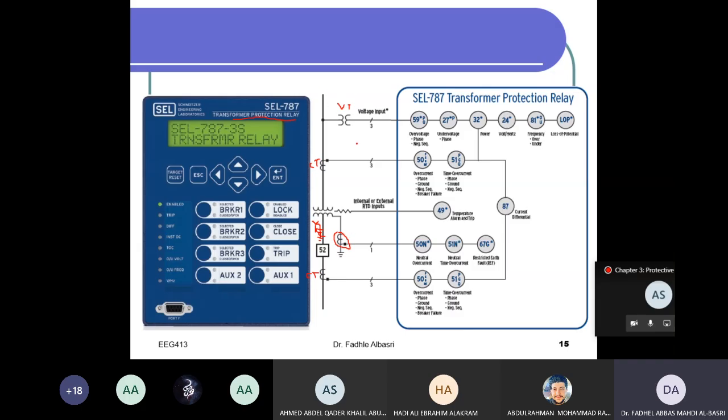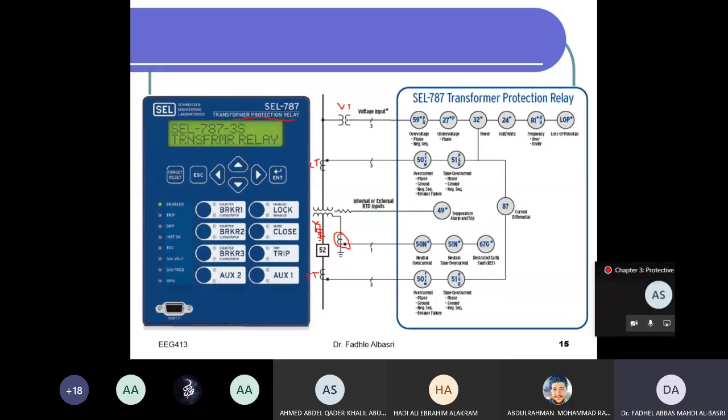So it depends on the capacity or the size of the transformer, and the protection functions you want to implement. The more protection functions you add, the more CTs and VTs you need installed. That makes the cost higher. But the cost is justified for very expensive transformers, for large transformers. So I would say no, it depends.